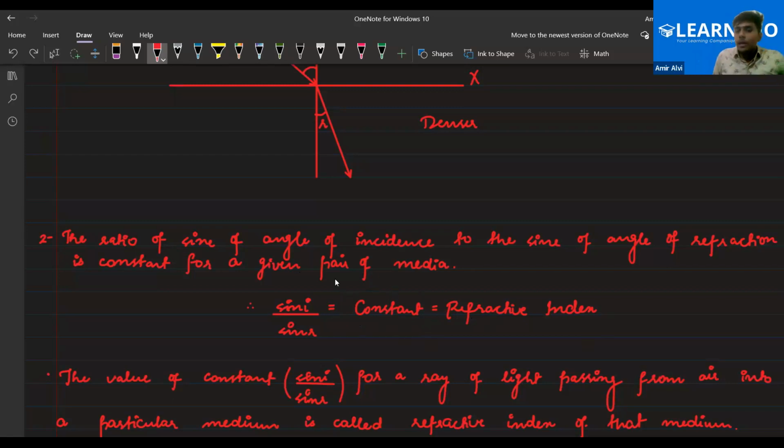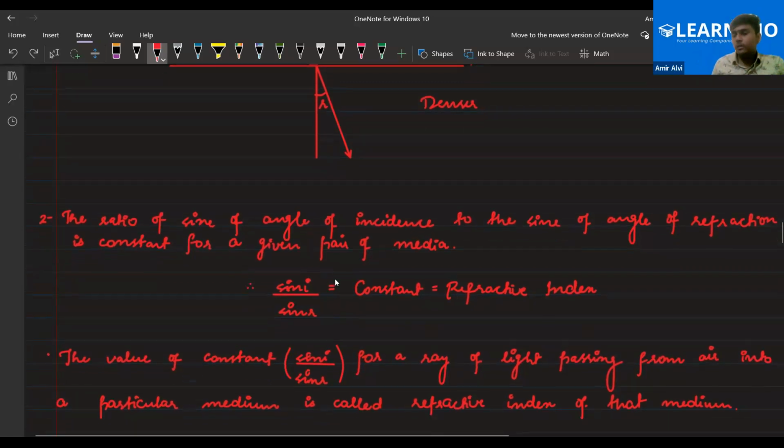Clear, everyone? So that's why in the exam there could be a question that says write the relationship of refractive index in terms of angle of incidence and angle of refraction. So this is the relationship. Or one more, right? You can write it in this manner. This one that I'm writing is for the relative refractive index, right?